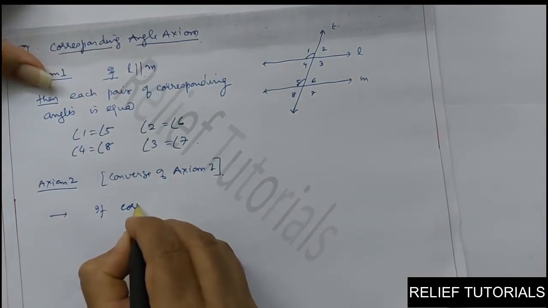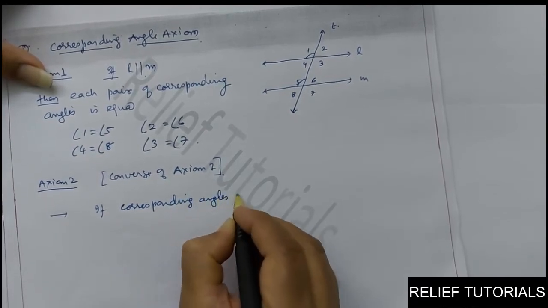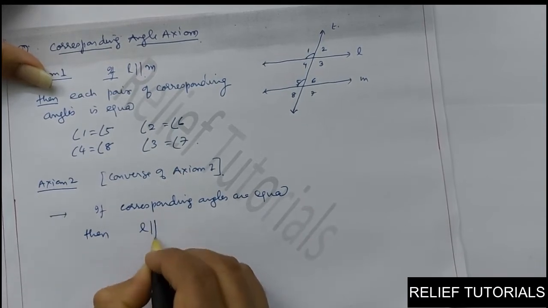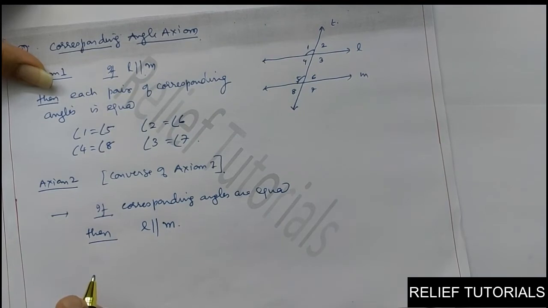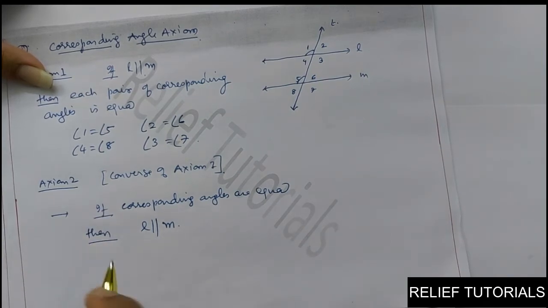So it says if corresponding angles are equal, then L is parallel to M. See, once again, if and then, these are called conditional statements. If there is rain, then the road will be wet. So there is a condition. If there is rain, then only the road will be wet. So it is called a conditional statement. If is the data given, then is to prove. So here it is the converse.